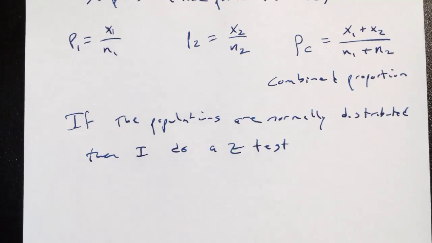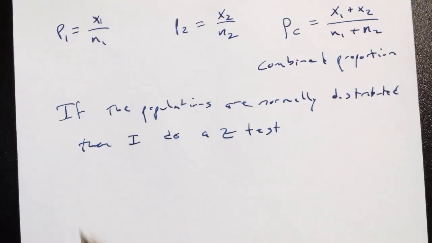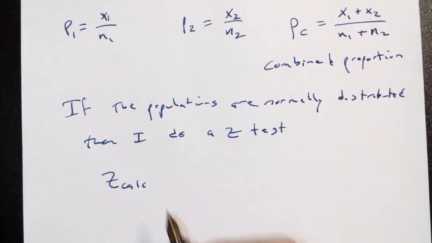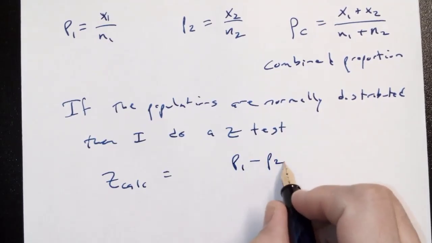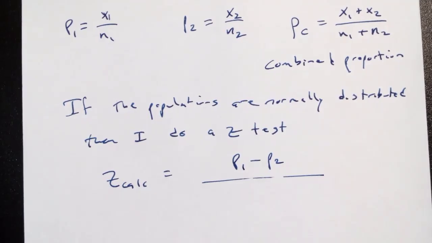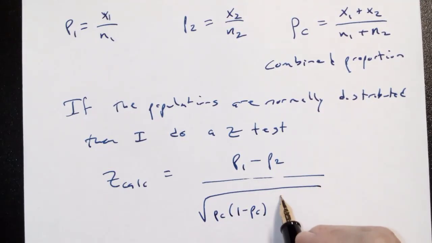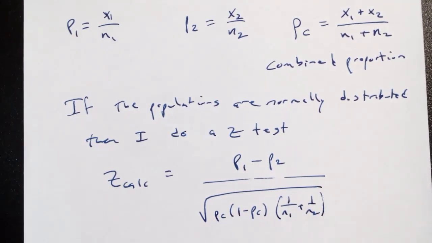I'll figure out how to check that in a minute, but I need a z-score. So I calculate a z-score. Now for a proportion, I'm going to divide by the standard error. But the standard error here is found using this combined proportion. This is the same standard error we were using to find the confidence interval.